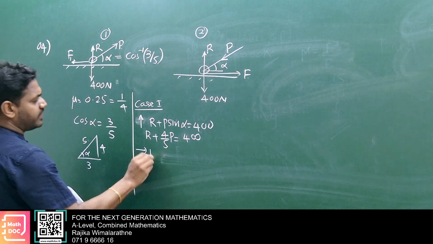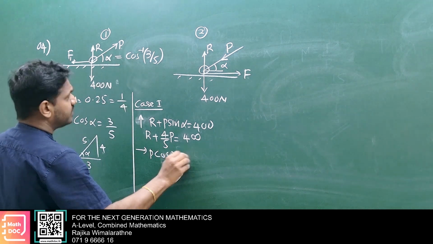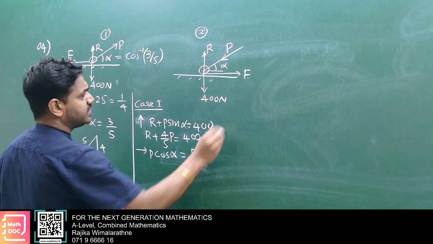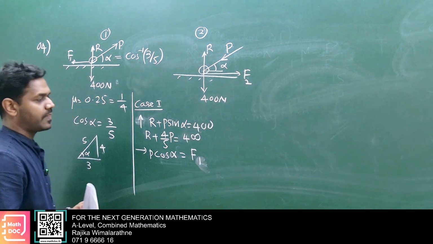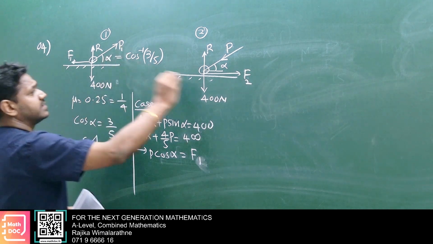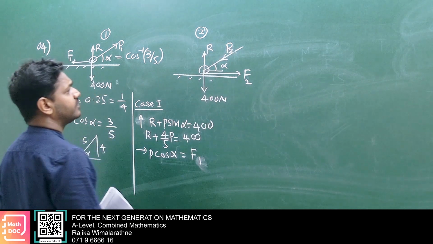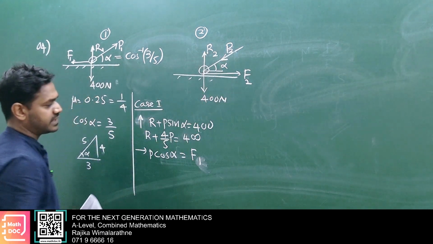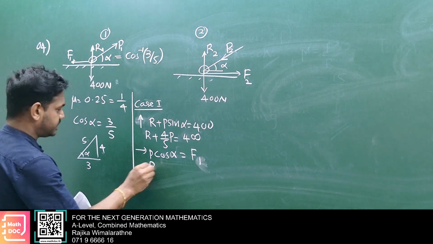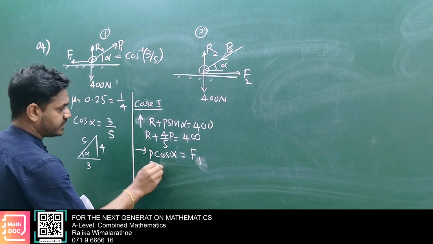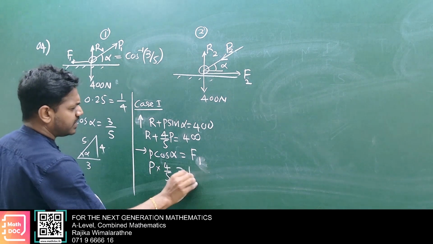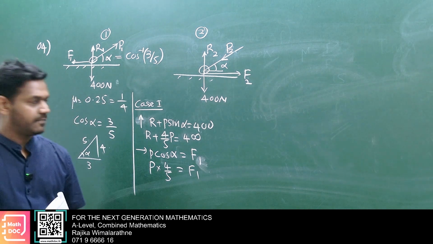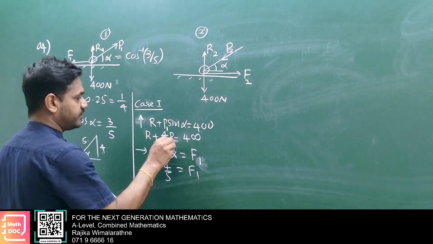Then horizontal: P cos alpha equals F1. Here say P1 and R1, and for the second case P2 and R2. Then P cos alpha equals F1, say P1.